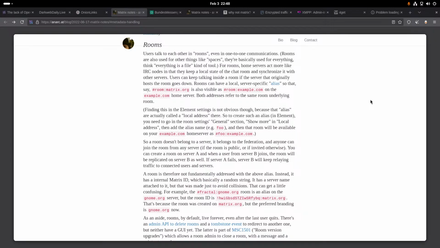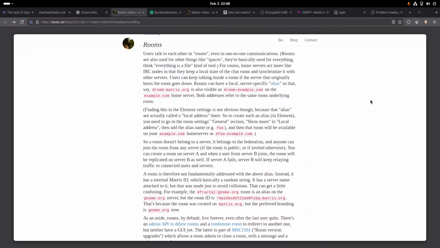If the server that originally hosted that room goes down, rooms can have local, specific aliases so that, say, a room on matrix.org is also visible as matrixexample.com. In the example, both home servers refer to the same underlying room.